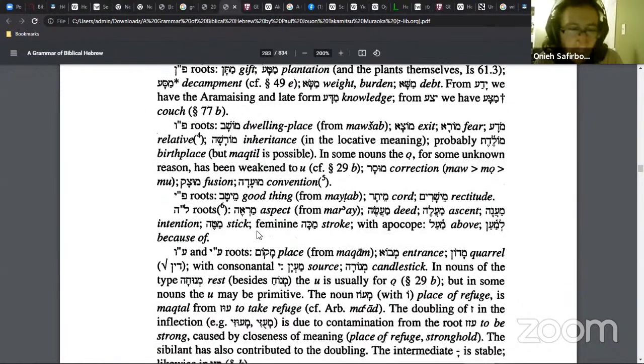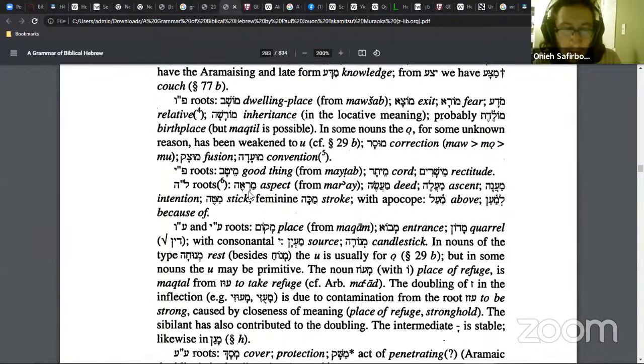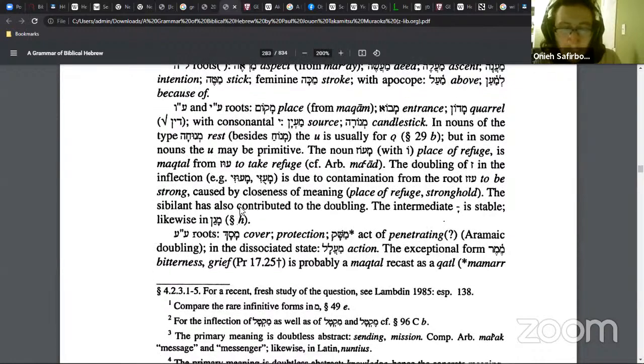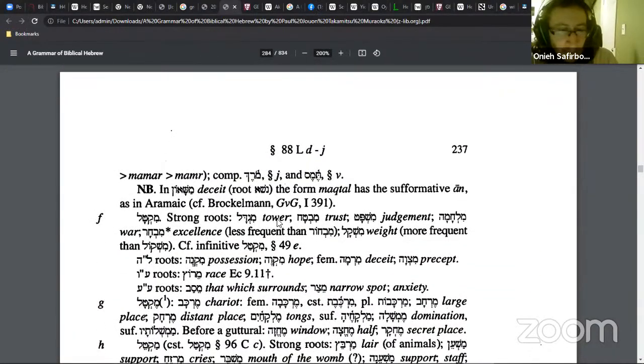Let's see here. But yeah, you have it for tower, Migdal. Misan from Nisha, trust. Judgment: the word for judge is shafaf.